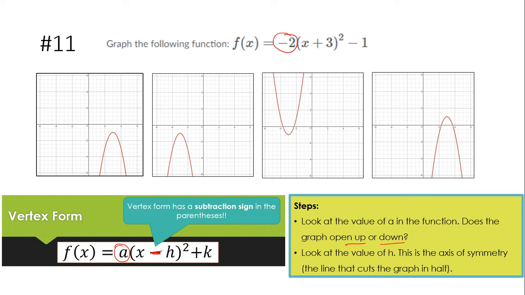So you're looking for the graph that has an a value of -2, so does that mean we open up or down? And then my value of h is opposite of this sign. So you can look for that invisible line, that axis of symmetry, that's going to go through that x value.